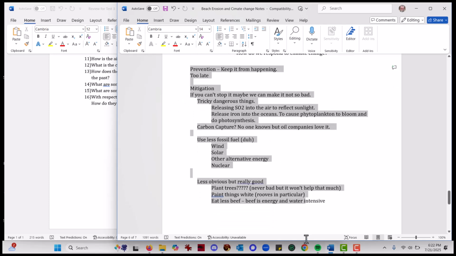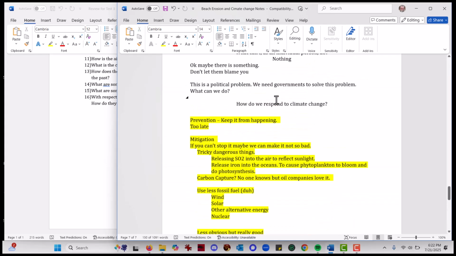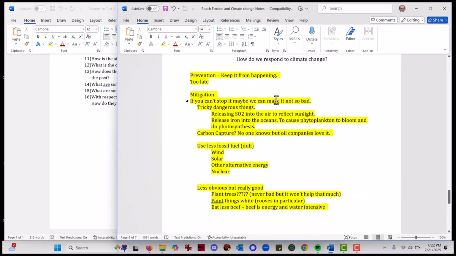Prevention, and there's a bit here, but I'm not going to go really deep into this, so don't freak out on me. Okay, prevention is keeping climate change from happening, and it's too late for that. It's here. So there's that. That's easy. Mitigation is saying, okay, it's here, but we need to reverse it, right? We need to make it not so bad, and we need to reverse it. And so how do you do that?